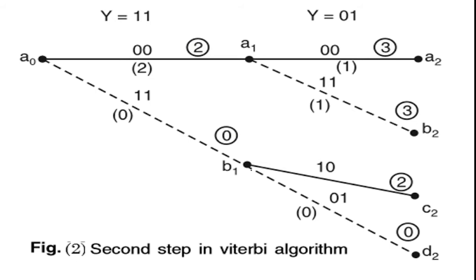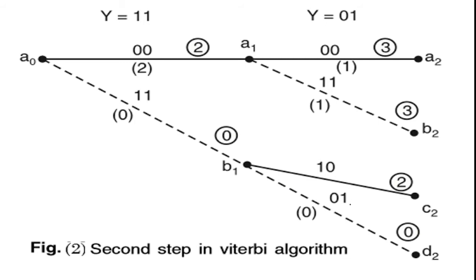And this is the B1, and what is the next state? 0 1 is the next state. In that 0 1 state, message bit 0 is to be transmitted, we get the encoded signal 1 0, and message bit 1 is to be transmitted, the encoded signal is 0 1.